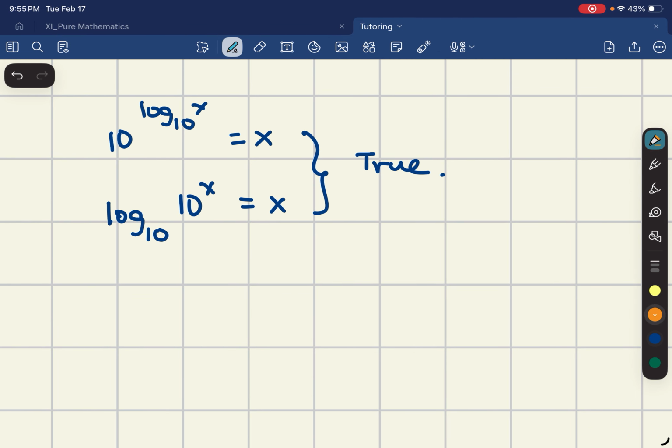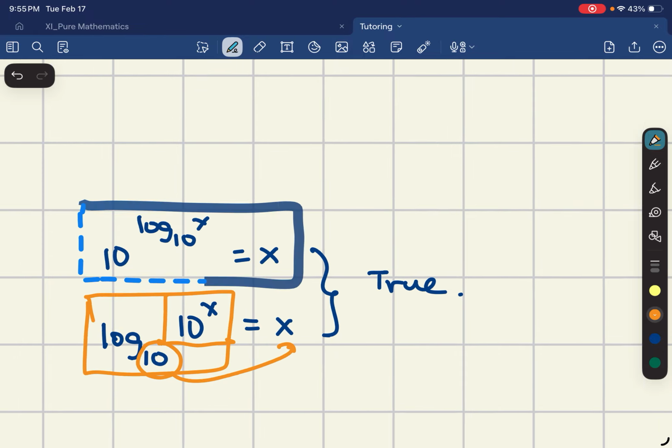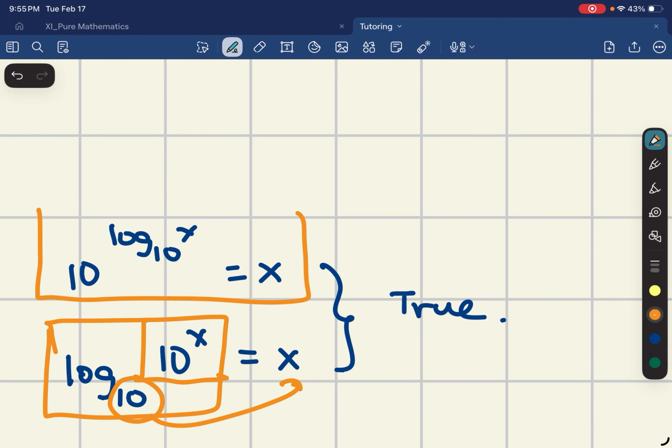And let's try to think of why this is true, why these are inverses. Here, I am asking the question, what power must I raise 10 to, to get 10 to the power x? And I must raise 10 to x. 10 must be raised to x to get 10 to the power x. So this makes sense. And so let's say log base 10 of 10 to the power x gives me a power.